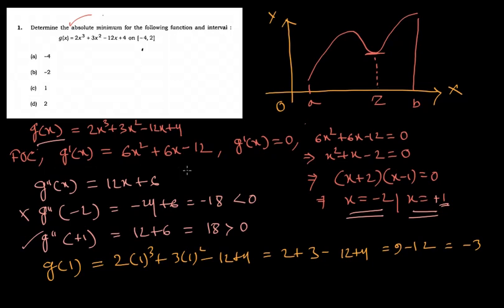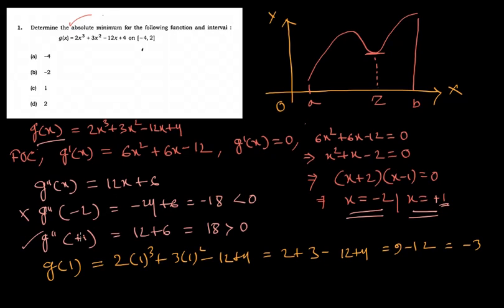But this is just one side of the picture, because in this case we have to find the minimum point for the given range. So we have to also check the minus 4 point, because there is a slight possibility that there may be a more minimum point at minus 4.